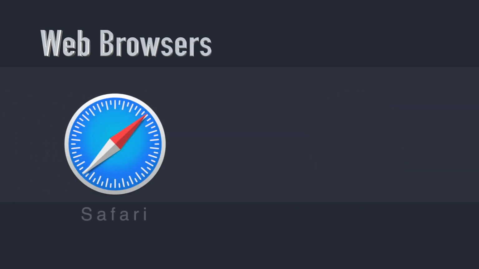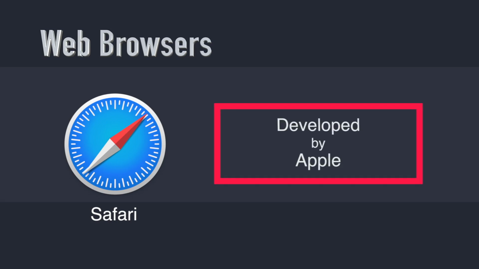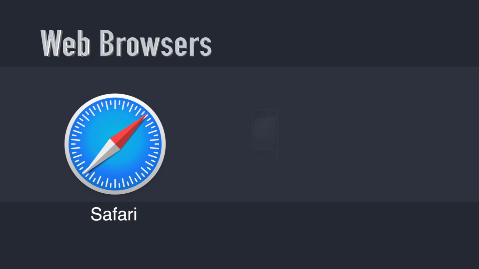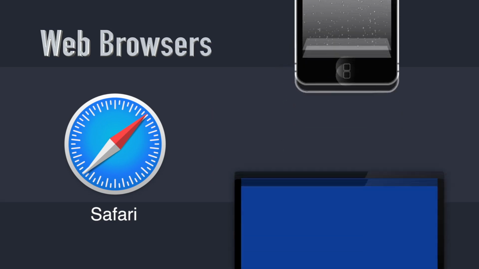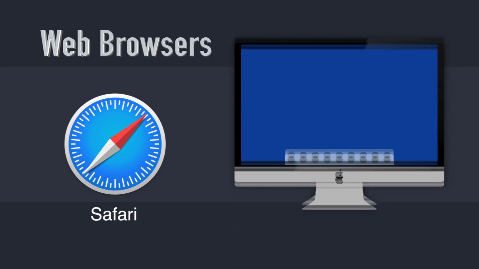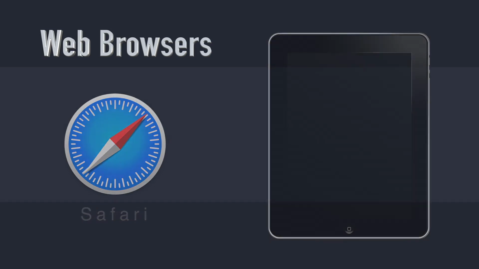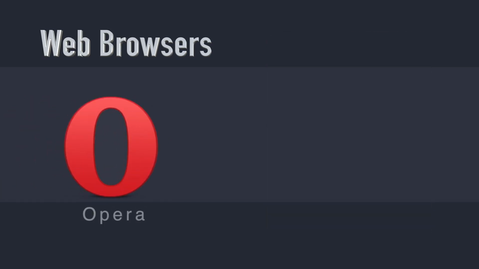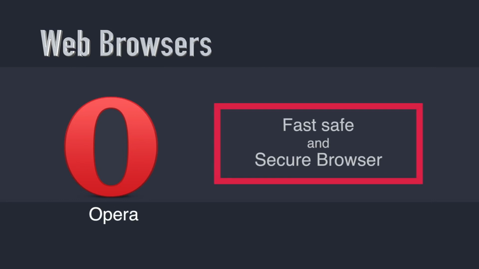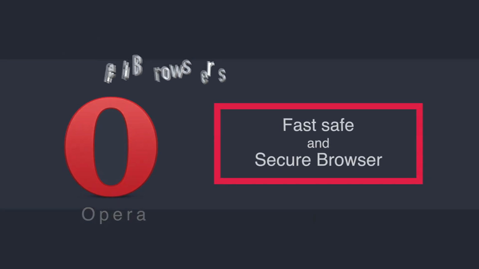We also come across a popular browser named Safari, which is very popular on Macintosh based systems, whether your iPhone, your iMac or your iPad. Another popular browser, Opera, is found on most platforms.